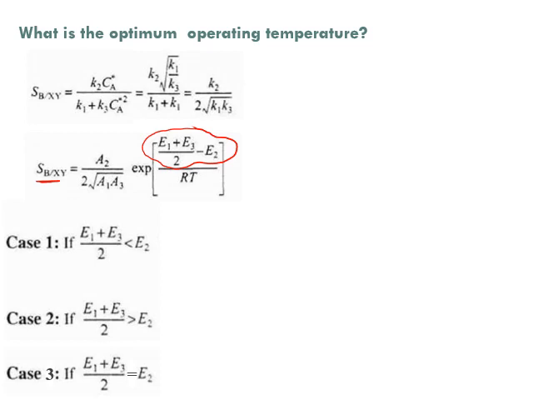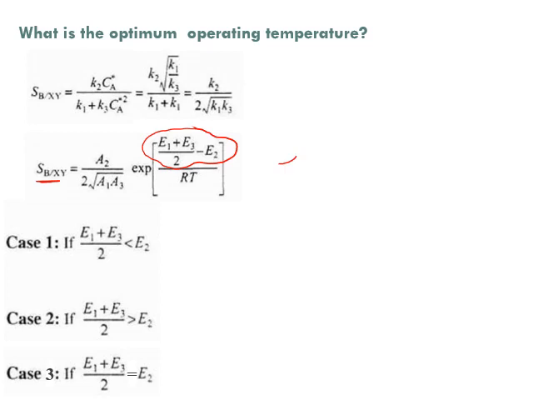Either E1 plus E3 over 2 is less than E2, in which case the power is negative, or E1 plus E3 divided by 2 is greater than E2, in which case the power is positive, or they are equal. So let's go to case 1. What happens if E1 plus E3 divided by 2 is less than E2? Well, obviously, you will have a negative exponent.